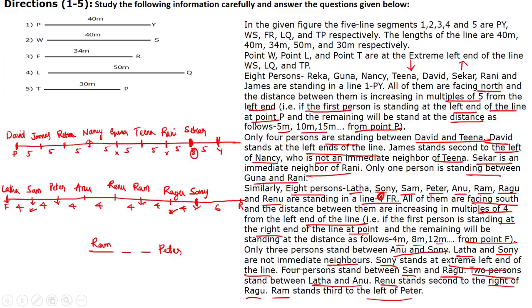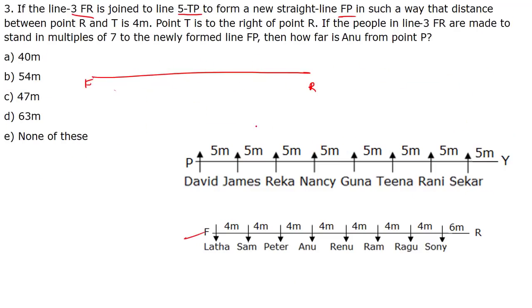The distance between T and P is 30 meters, right? So it will be joined to TP, and the distance is 30 meters, in such a way that the distance between point R and T is 4 meters. So F to R would be 34 meters, we already know. The distance between R and T is 4 meters, and T to P is 30 meters.